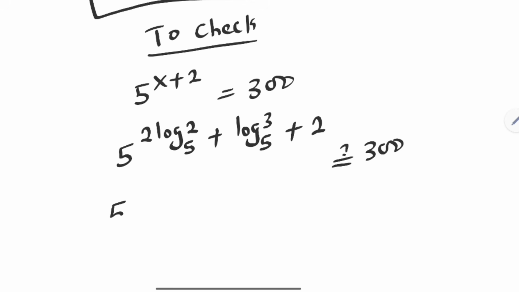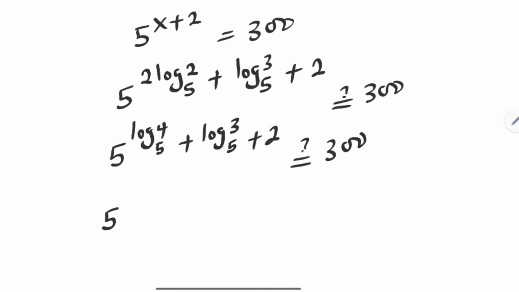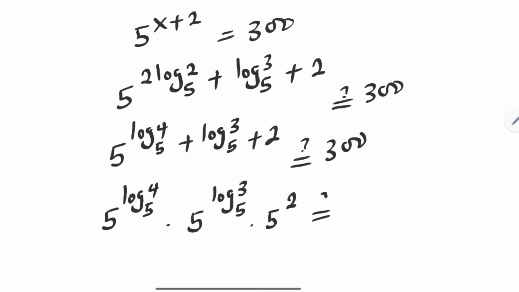Here we have 5 raised to power log 4 base 5 plus log 3 base 5 plus 2 must be equal to 300. Then this is 5 raised to power log 4 base 5 multiplied by 5 raised to power log 3 base 5 multiplied by 5 squared must be equal to 300.